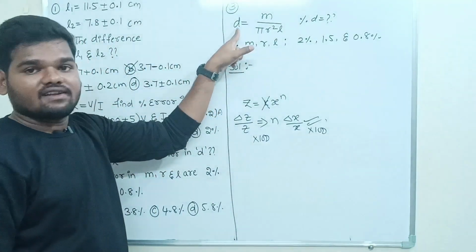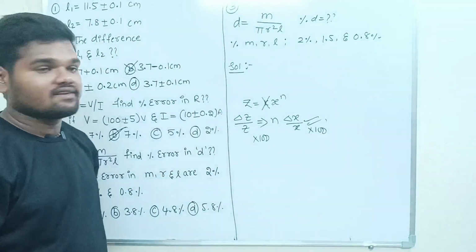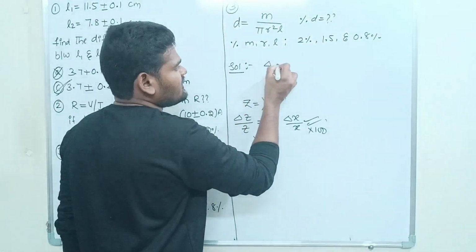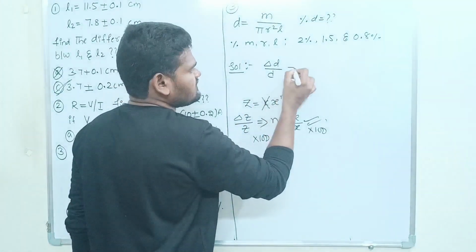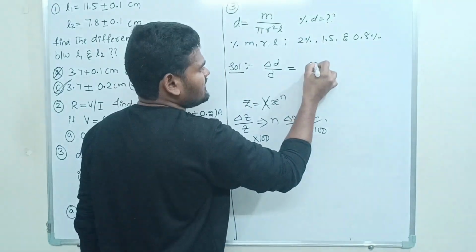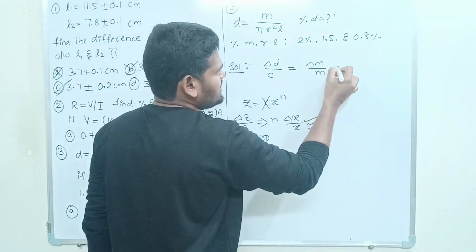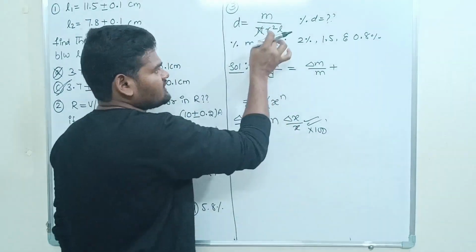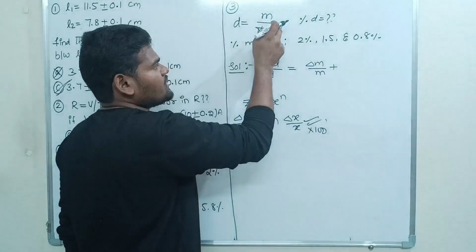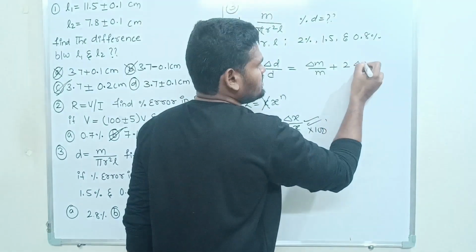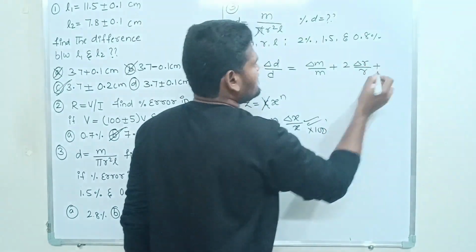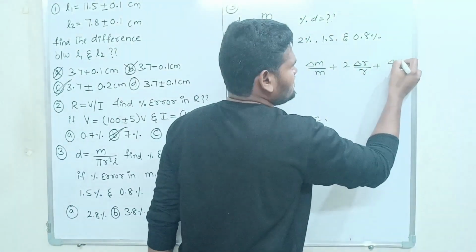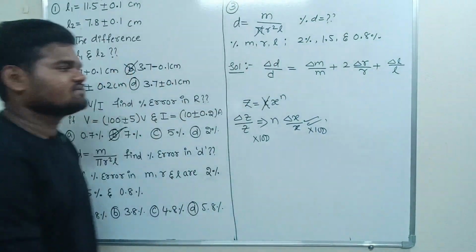So what do we have here? D equals m by pi r square L. So delta D by D equals delta m by m, plus pi is a constant so no relative error, then r square, power 2, so 2 into delta r by r, plus delta L by L. That's it.